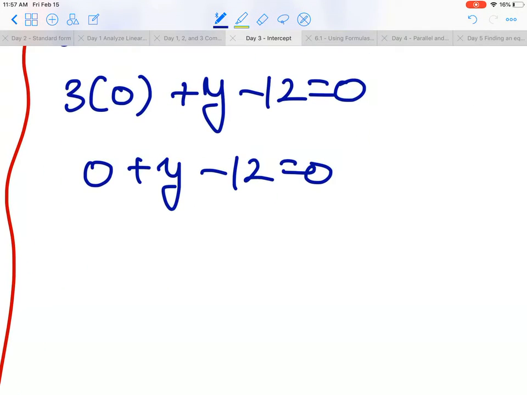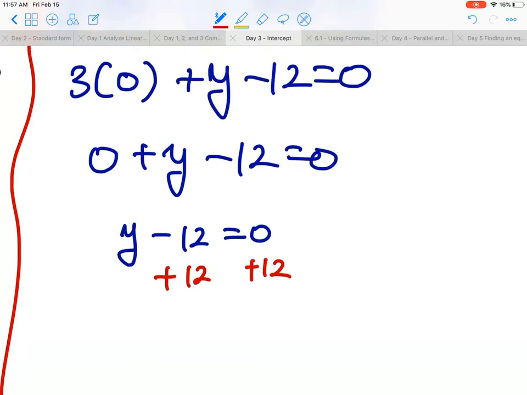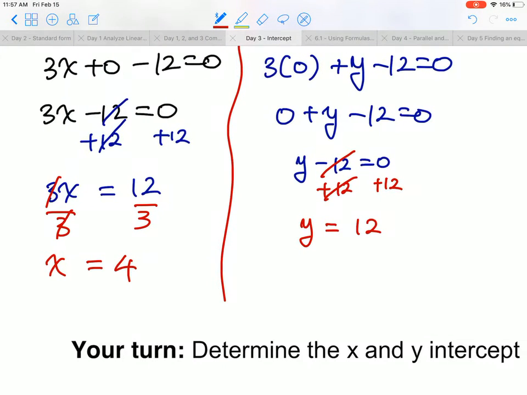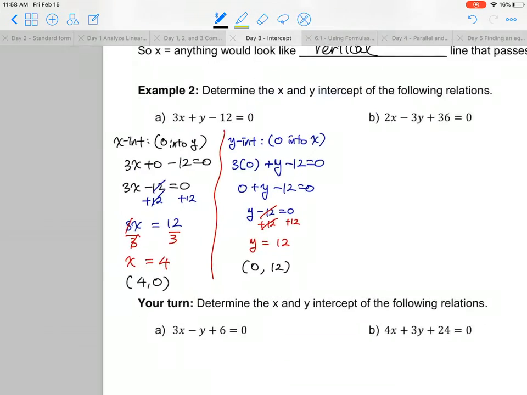However, that 0 does not change anything, so it will be just y minus 12 equals 0. So all you have to do is add 12 on both sides so that the minus 12 will be gone, so that in the end you will only have y, and 0 plus 12 is 12. So at the end, make sure you leave your answer in coordinate form: (4, 0) for the x-intercept and (0, 12) for the y-intercept, okay?